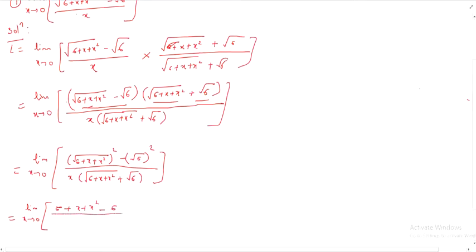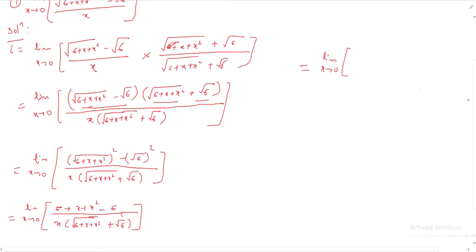The denominator remains as it is, there is no change at all: x into root of 6 plus x square plus root 6. Therefore it is equal to limit x tends to 0 into bracket.